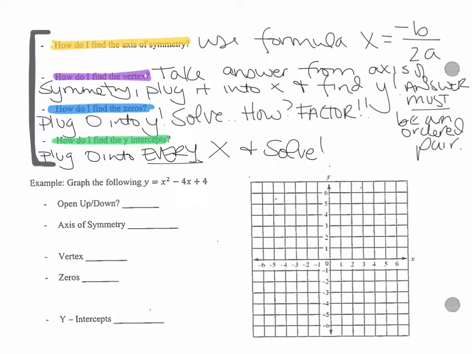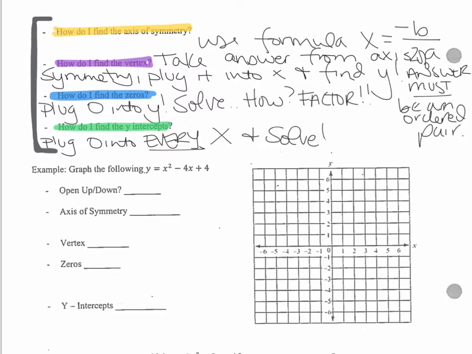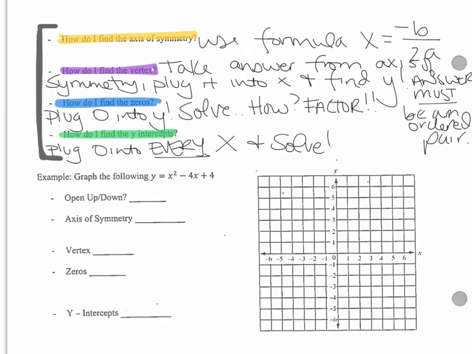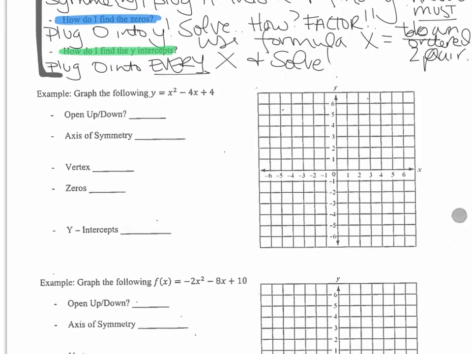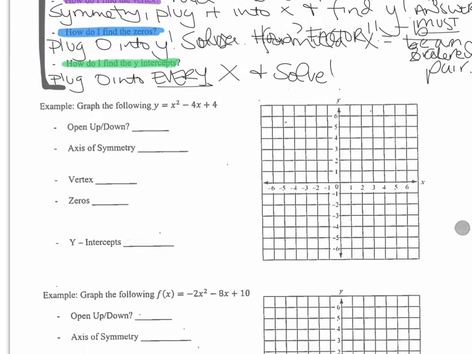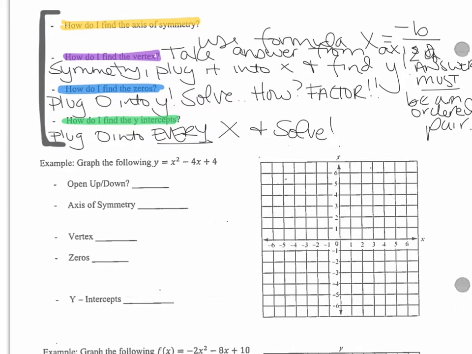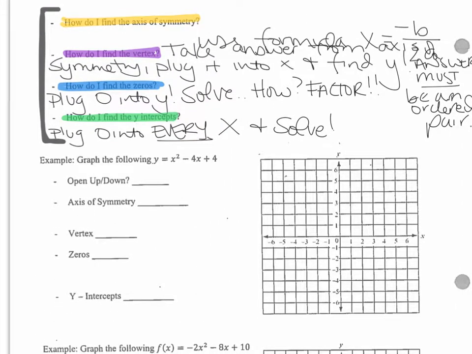So, let's go ahead and start this out. Notice if I look at my first example, it's telling me all of the things I need to know. So, I want to graph y equals x squared minus 4x plus 4. So first thing it asks me, does it open up or down?